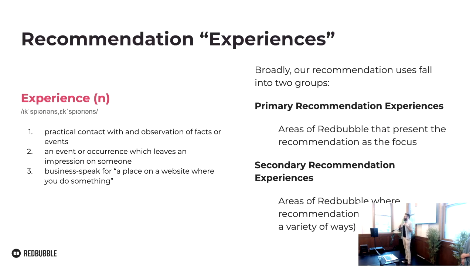And we loosely label these as experiences. So we have primary recommendation experiences and secondary experiences. By primary, we're talking about recommendation being the sole reason for a user interacting with content. So they come to a location, they are aware they are engaging with a recommendation, and we evaluate the success or failure of that recommendation with just direct engagement with that.